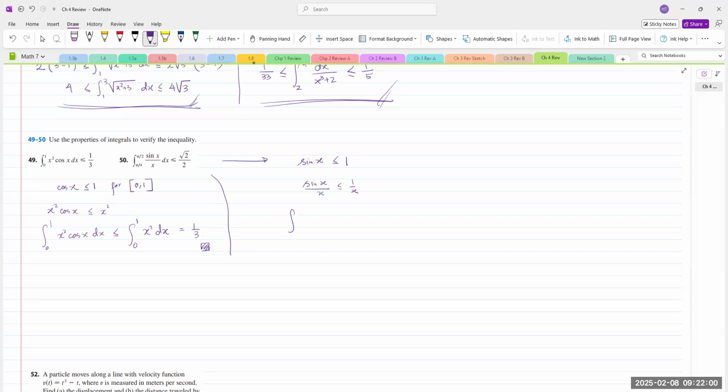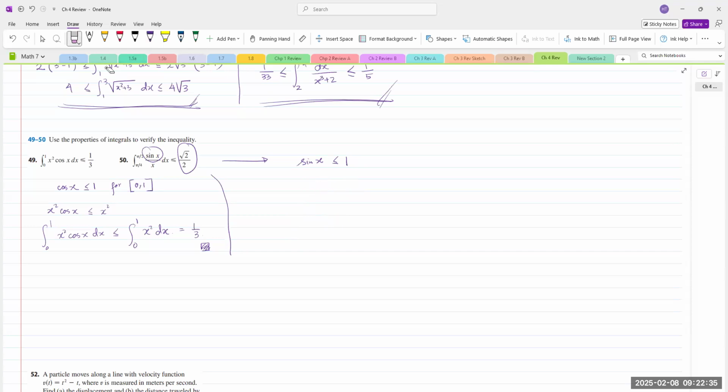Now the integral from pi over 4 to pi over 2 of sine x over x dx. Actually, that's not how. I will not get what I want here, because I need this guy. Ah, you know what? All right, now I get it.